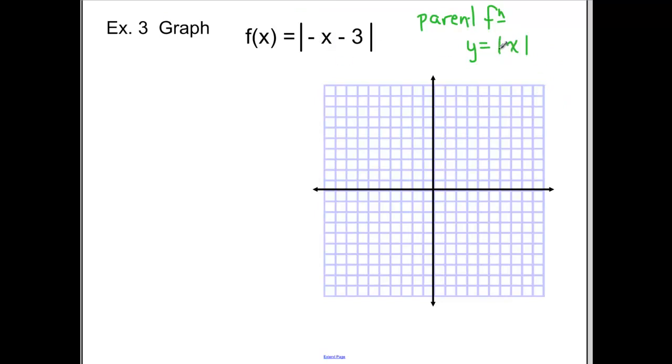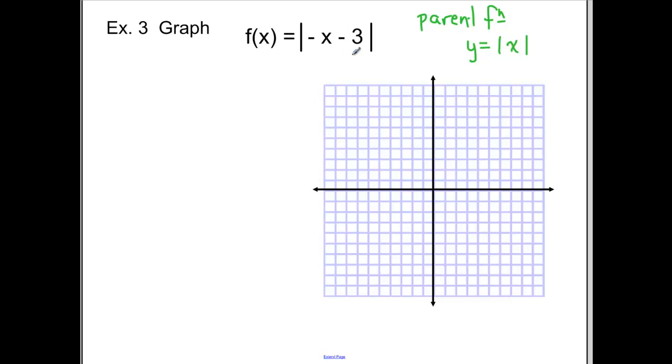Now, what has replaced this x is this negative x minus 3. But rule number 1 here is that I need this x to be positive, so anything out in front of this x needs to be factored away. And not only does it need to be factored from the x, but also the d value.